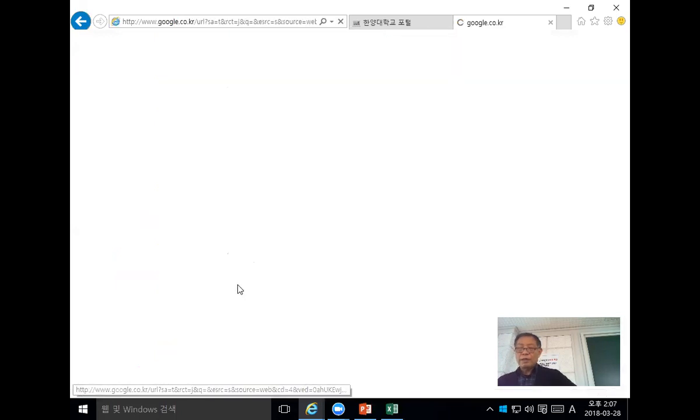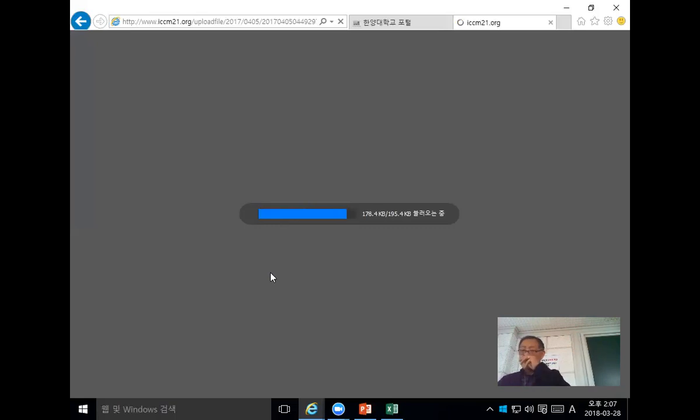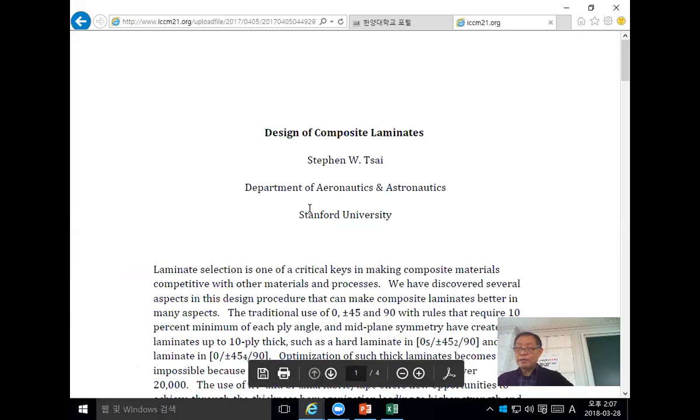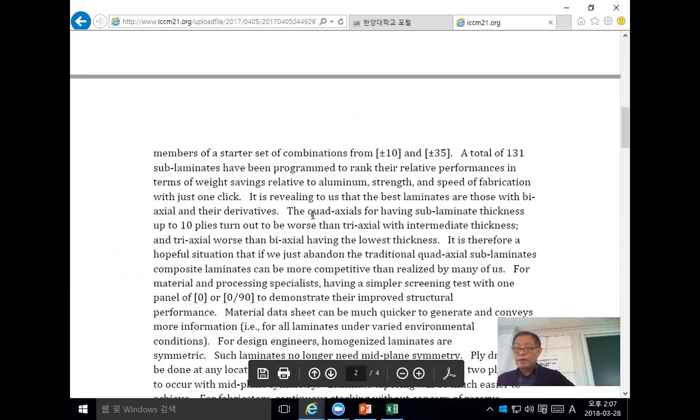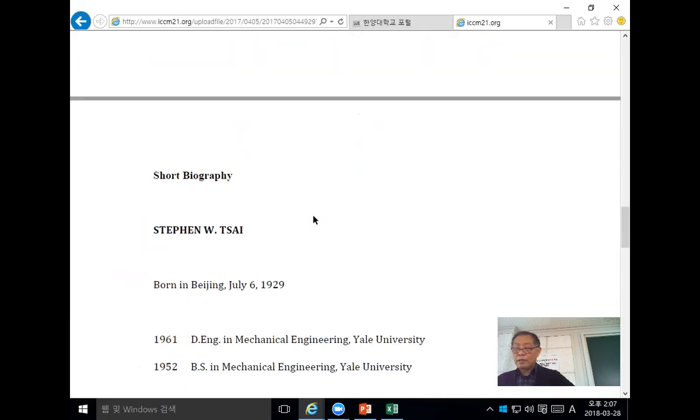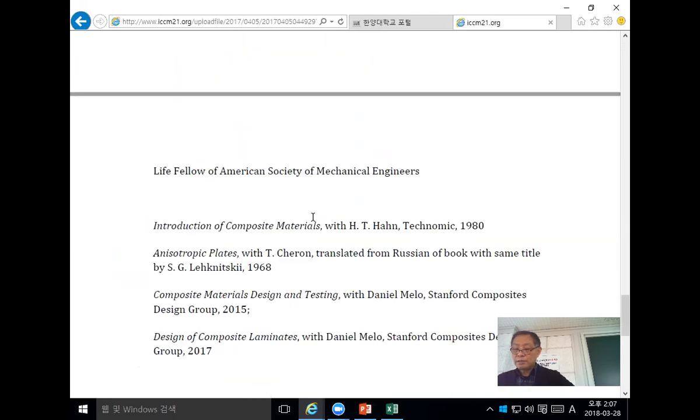All the theory is based on this invariant of the stiffness physically, and he likes to emphasize using this trace or invariant for calculating all the material properties.